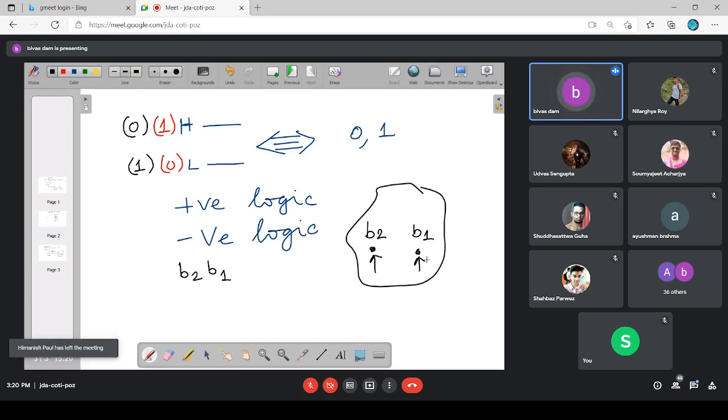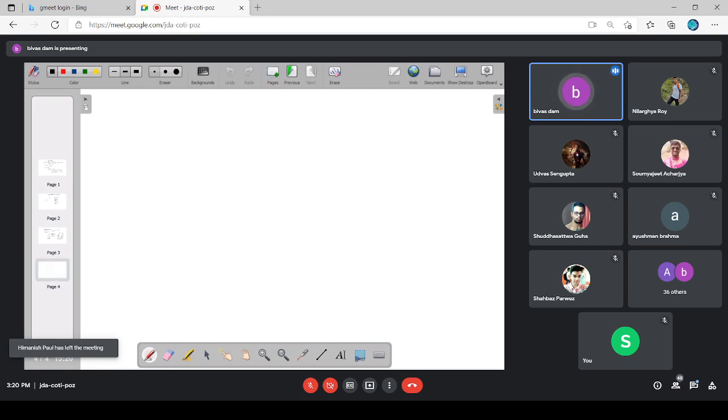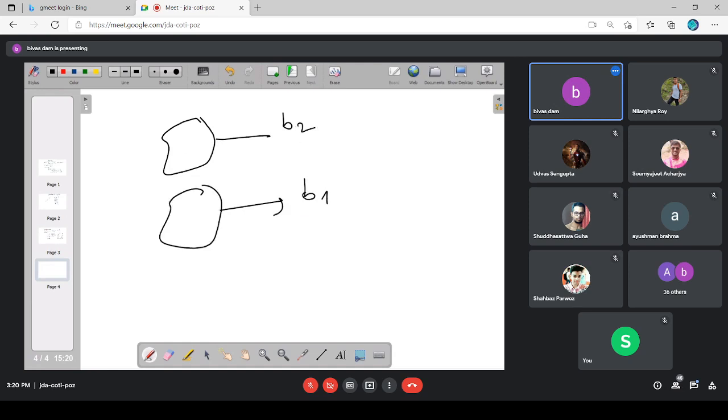So B2 is coming from one particular circuit, and B1 is coming from another circuit. Now maybe the inputs for both circuits are identical. But as the circuits are by construction not identical, there will be a difference in propagation delays.